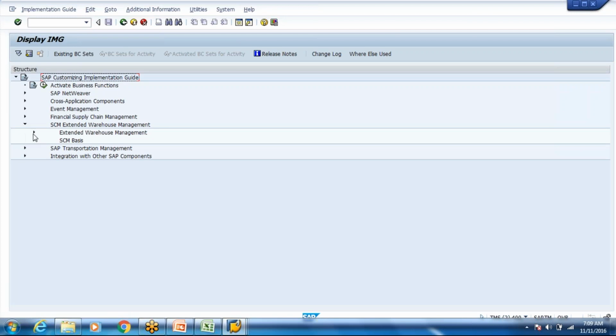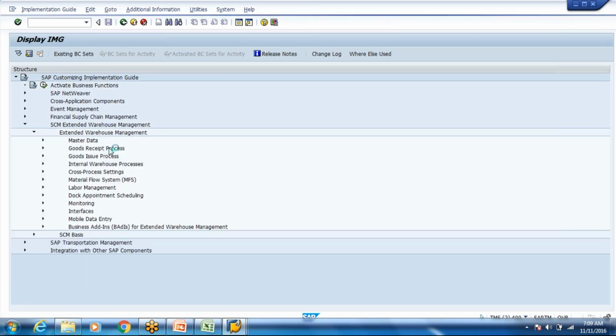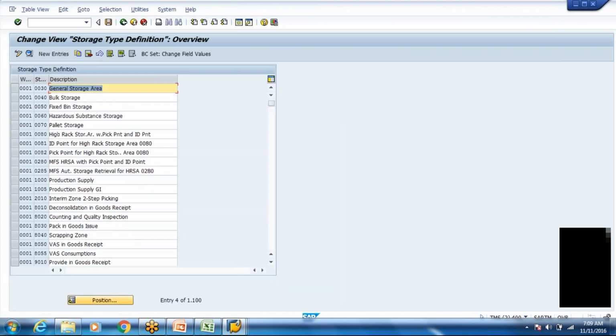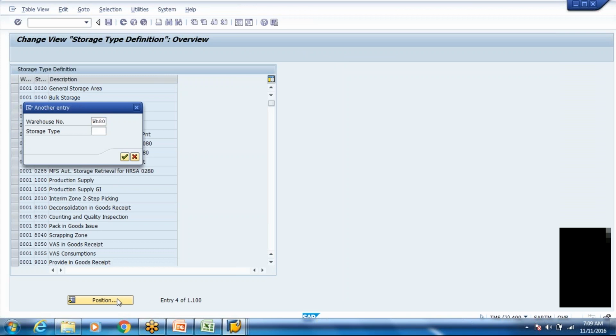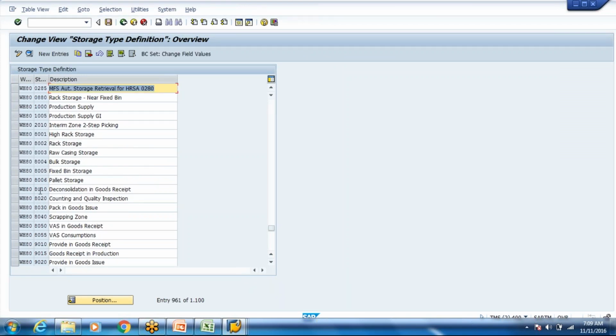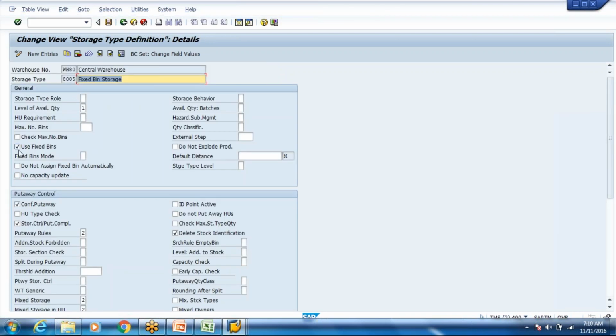For working with fixed bin, we don't need to do any other additional configuration. Whatever configuration is required will be carried out here in the storage type. If you copy the 0050 storage type, you'll get it like this, and this is the fixed bin indicator. If you set this, then the fixed bin strategy will work.